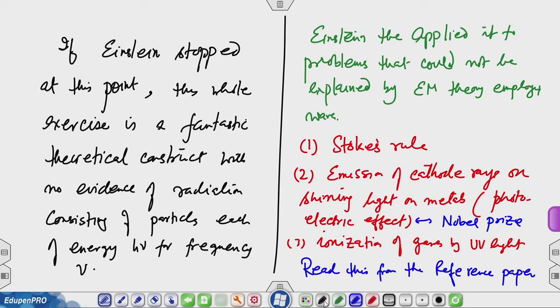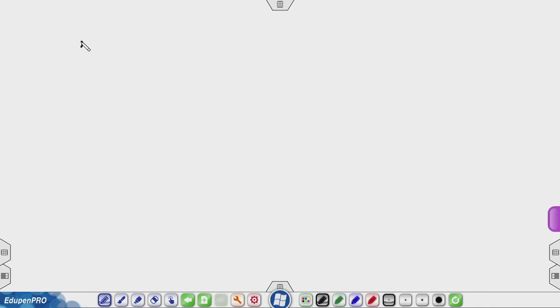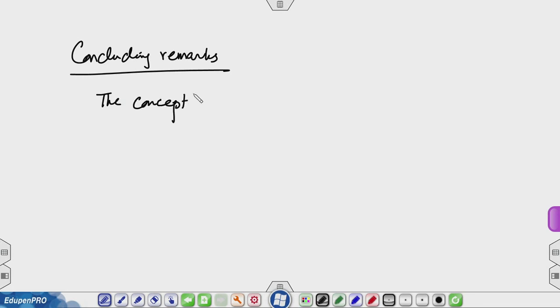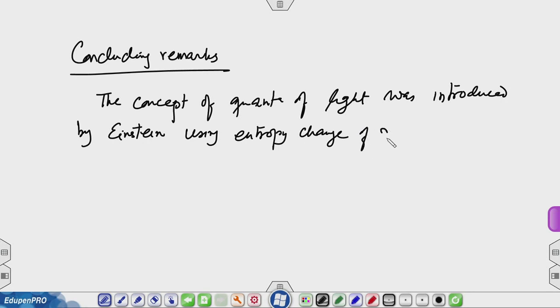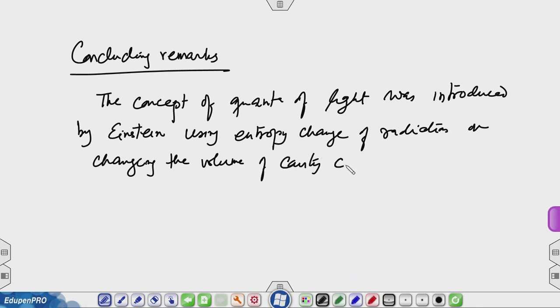So with this, I conclude my lecture. The concept of quanta of light was introduced by Einstein using entropy change of radiation on changing the volume of the cavity containing it.